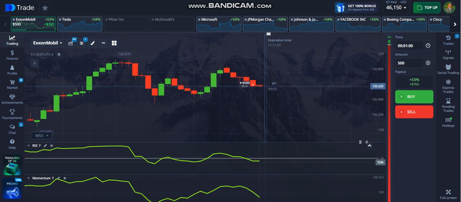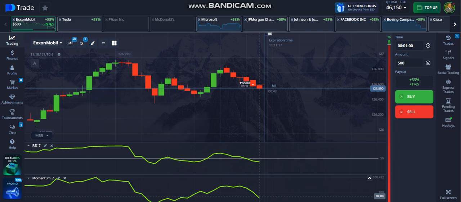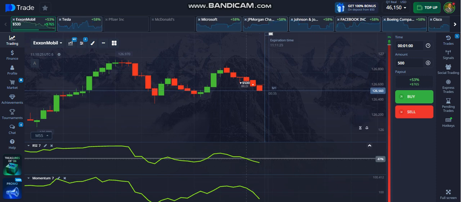In addition to that, the momentum indicator is showing a strong downward sloping direction in the stock. So I went ahead and executed a 60-second trade here. And let's monitor this trade and wait for the expiration.